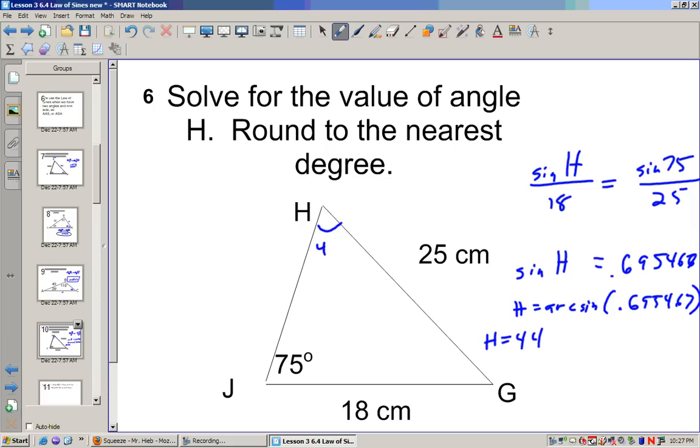So h can be 44, or h could be 180 minus 44, which is 136. Now, if I put 136 here, 136 plus 75 is way too much. So 136 is not possible in this situation. So 44 is our only possible answer. So 44 degrees has to be our value for h.